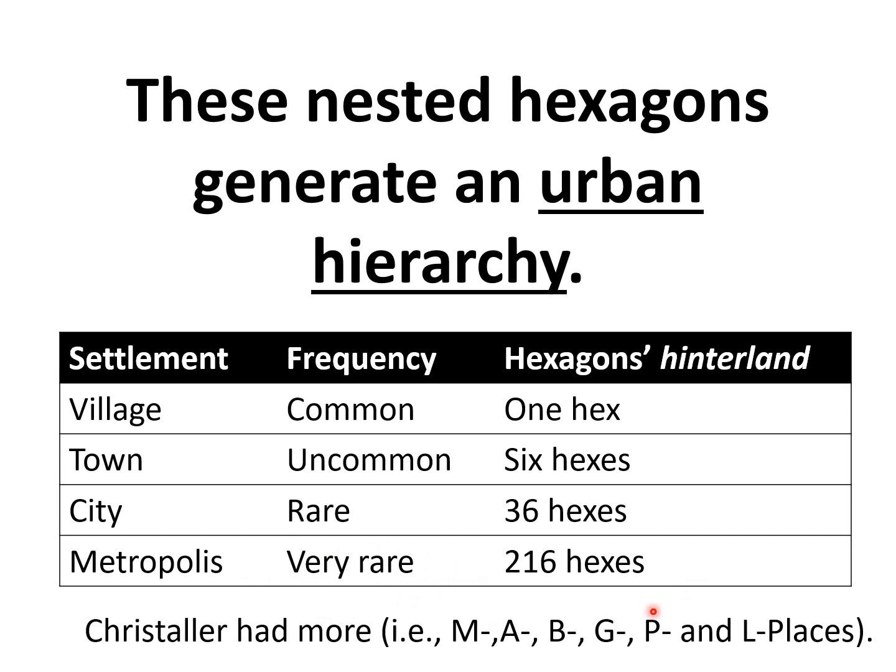And their hinterland or their threshold would be the 216 hexes around whatever hex contained the metropolis. Though these terms get kind of weird because in this crazy model, we're assuming a uniform population density.